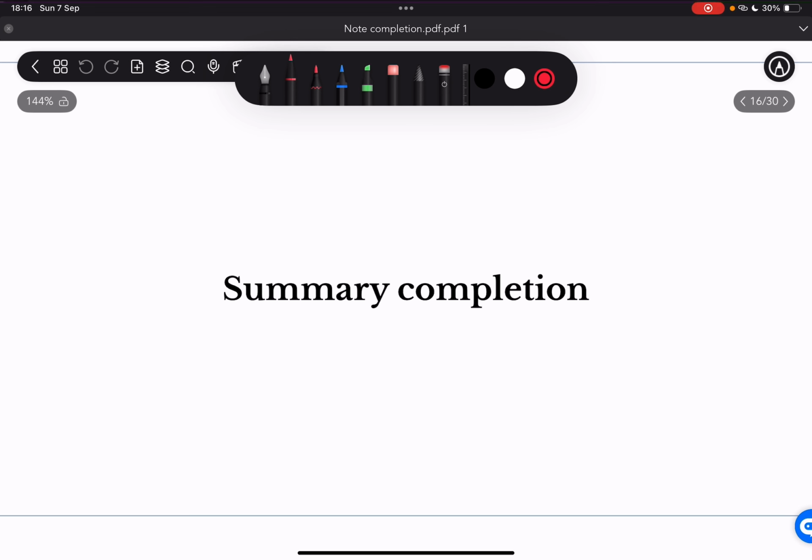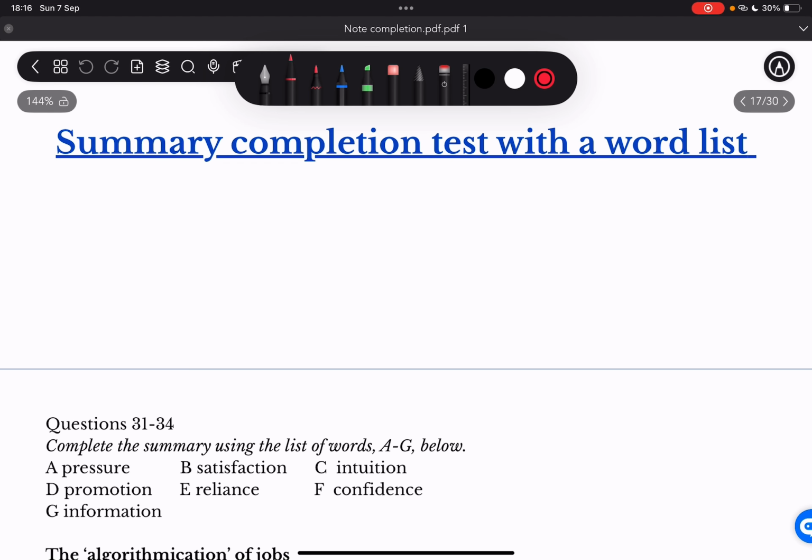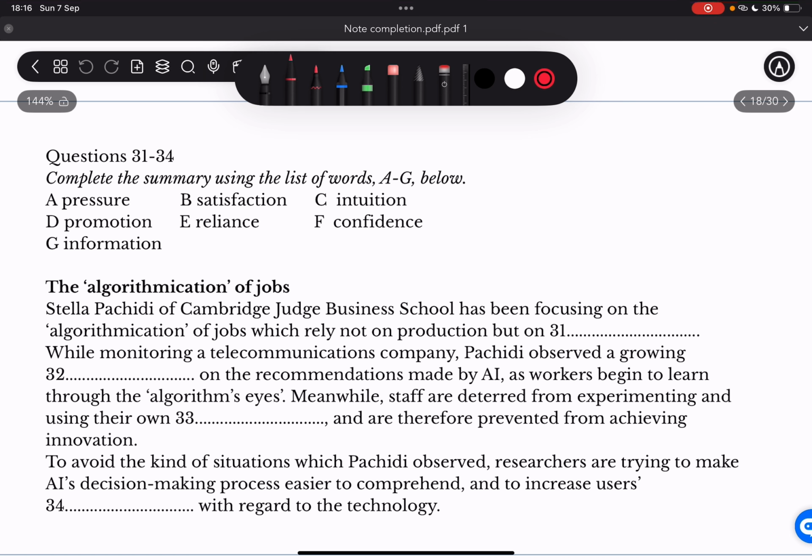Okay, we've got summary completion here. And I just took this one as well. Actually, I showed you earlier that there are two types of summary completion. One comes with a list of words, the other does not. I took the one with a list. And here's the link to the test. And here's the test itself. As you can see, we've got a list of words from A to F. And we cannot take the word from the passage in this case.